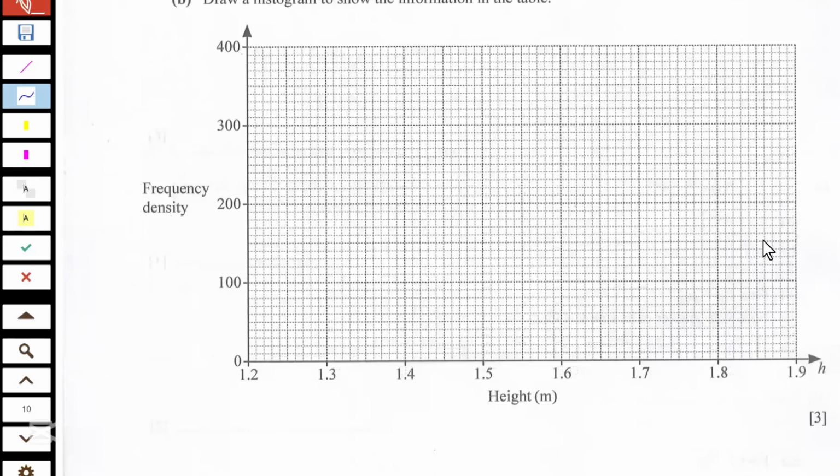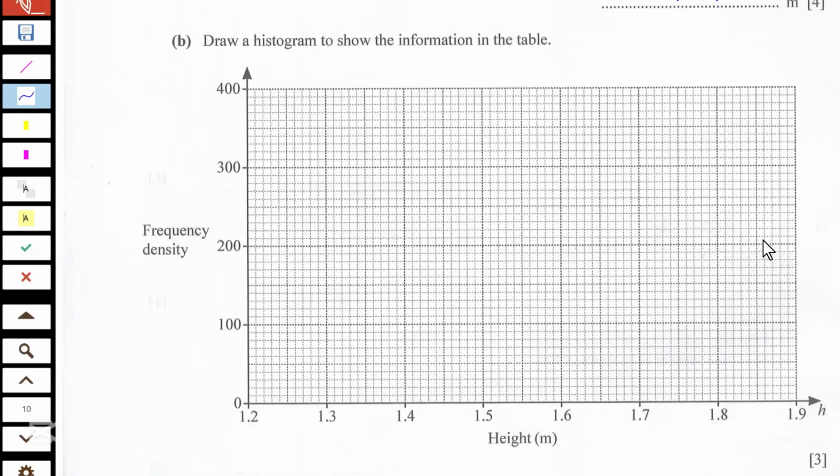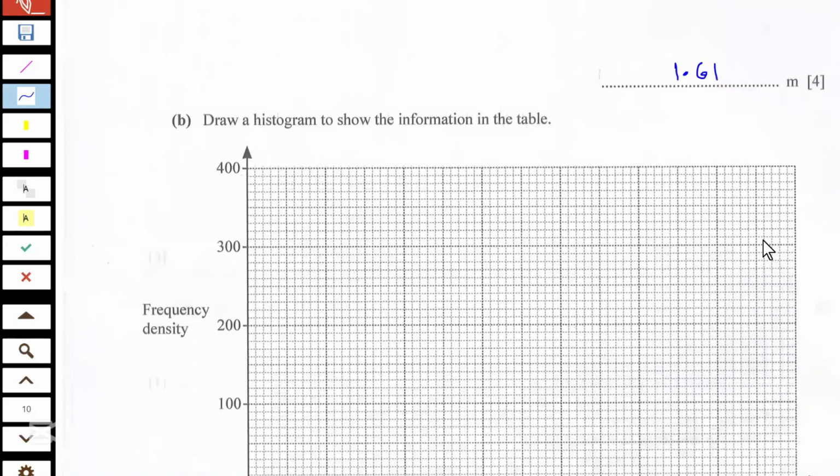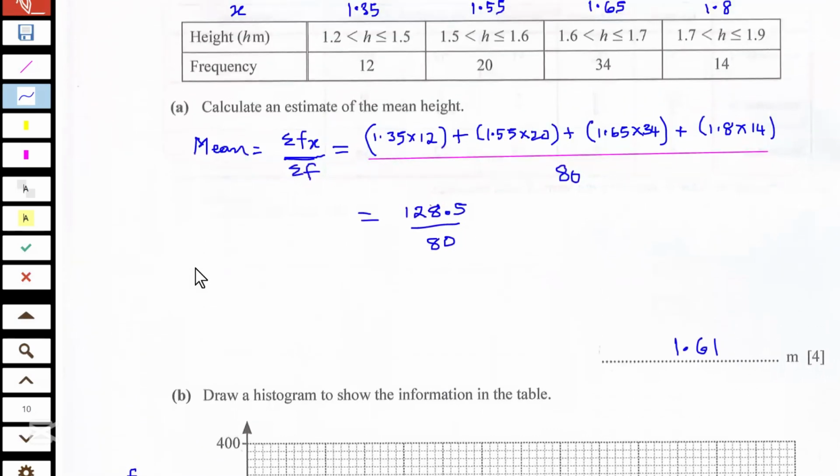So we're told to draw a histogram. First we have to find the frequency density. The frequency density, FD, is given by the formula frequency over class width. The class width is simply the difference in the class interval.